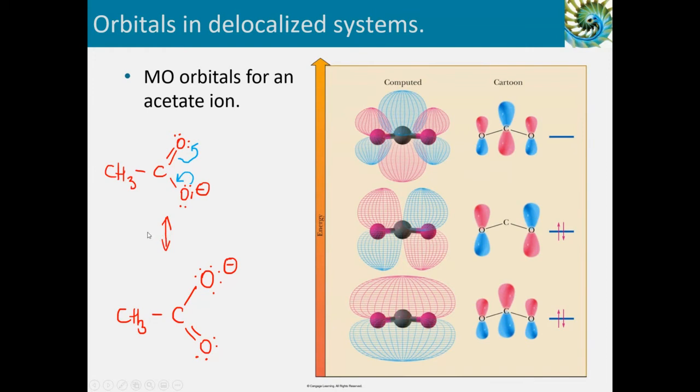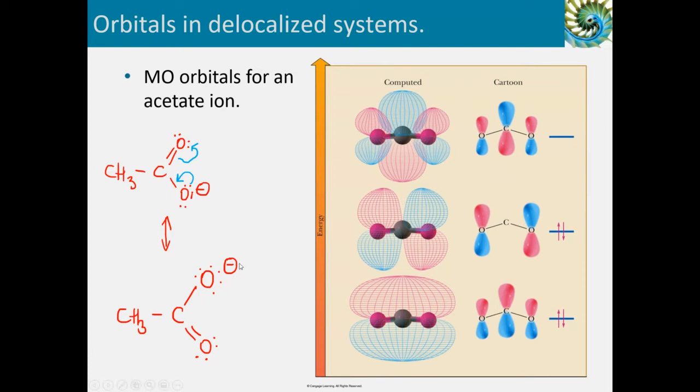So how do you describe the molecular diagram of this particular system? What you normally show here is only the orbitals, in this case the p orbitals, that are involved in the delocalization of this negative charge.